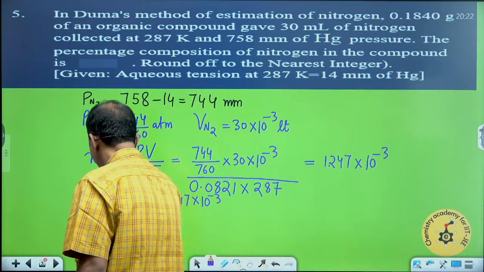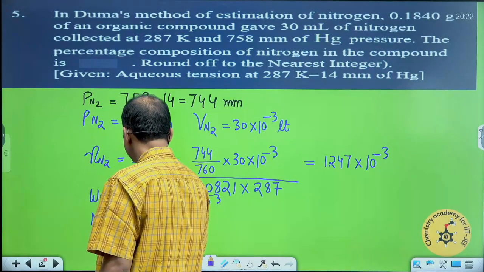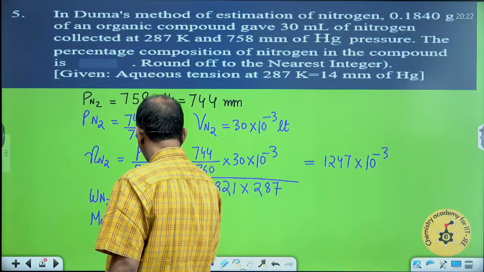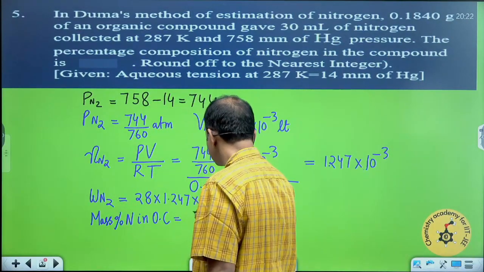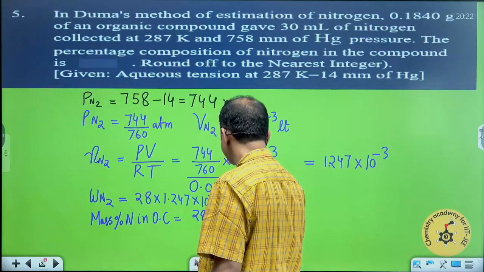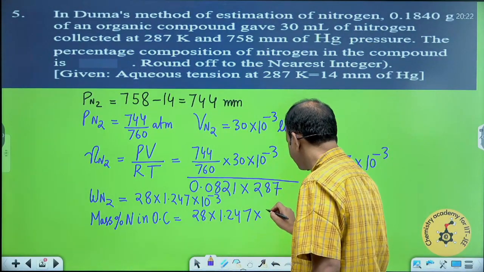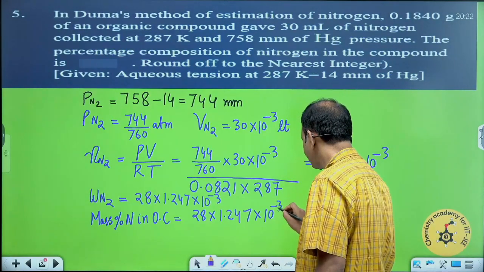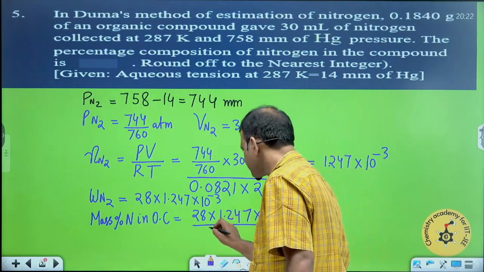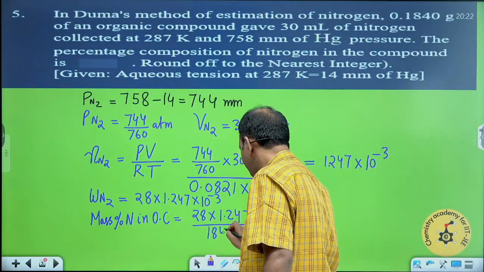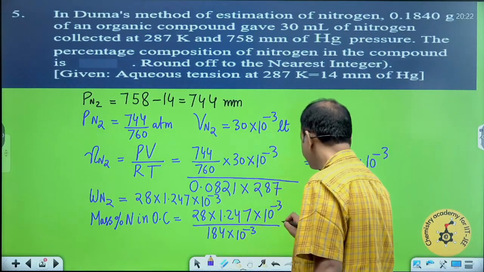So the mass percent of nitrogen in the organic compound is equal to the mass of nitrogen, which is 28 into 1.247 into 10 to the power minus 3, divided by the mass of the organic compound, which is 184 into 10 to the power minus 3, into 100.